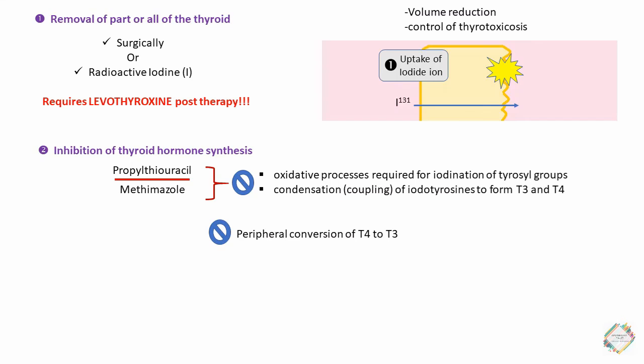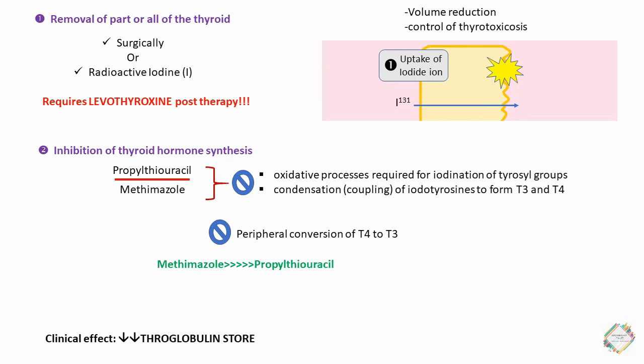We had already mentioned that T4 gets converted to T3, the most active form, in the periphery within the cells. That is being blocked by propylthiouracil. These drugs do not have any effect on the thyroglobulin already stored in the gland. Therefore, the clinical effects of these drugs may be delayed until the thyroglobulin stores are depleted.